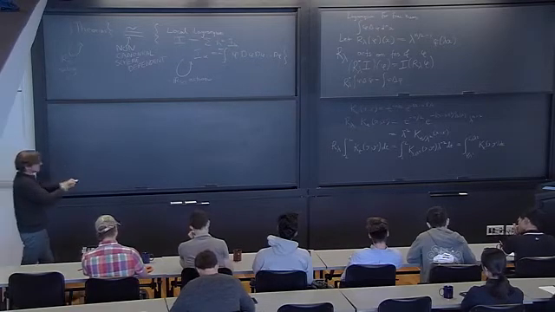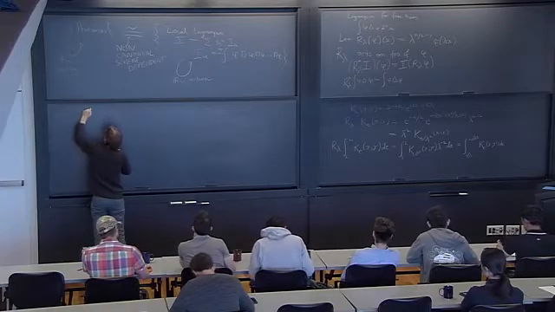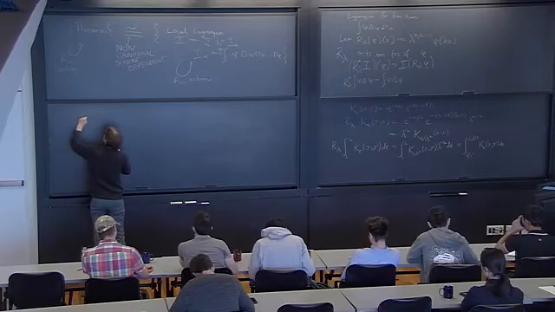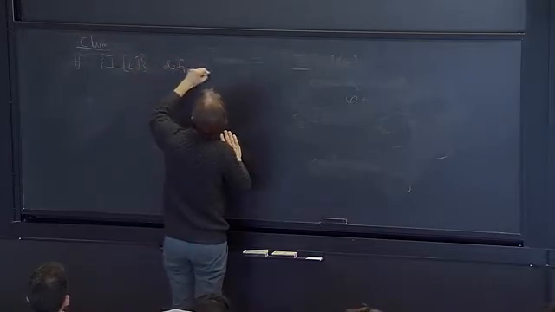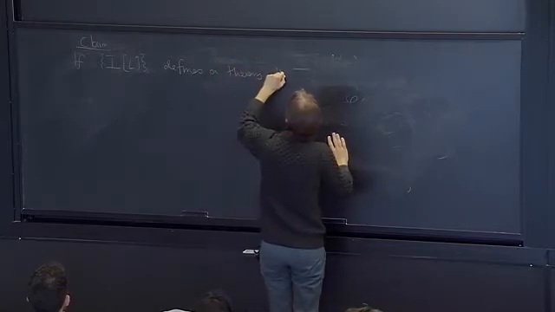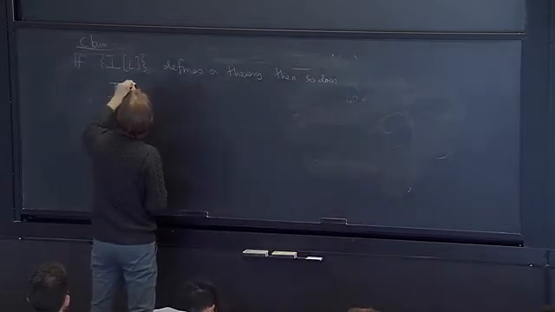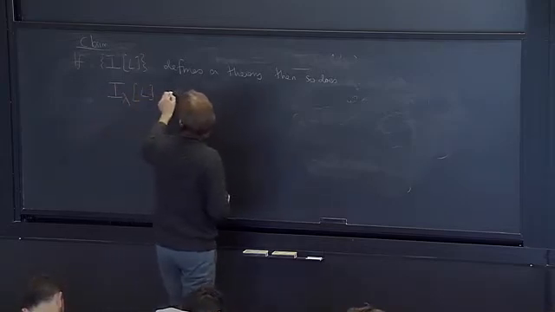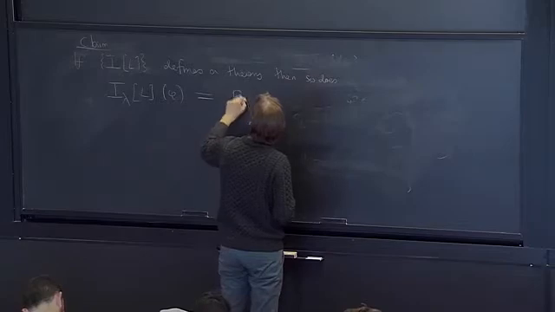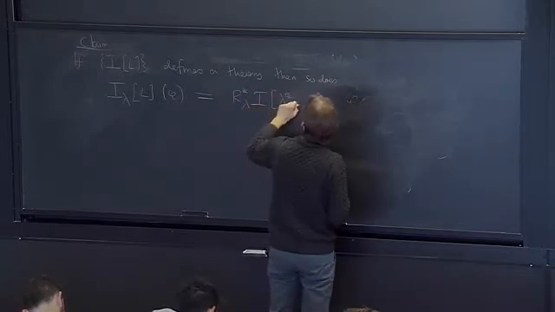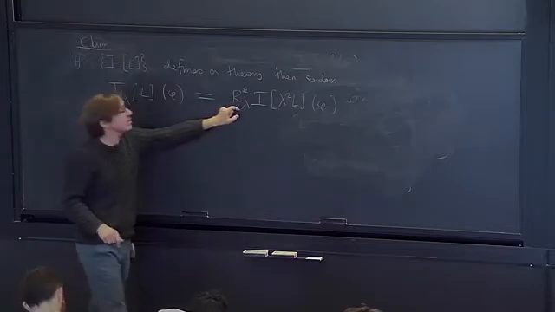I must, of course, change φ by rescaling it, but I should also change L. So, the claim: if this is a theory, then so is something I'll call I_λ[L](φ), which is λ* I[λ²L]. I rescale my field by λ, and I also change L by λ².